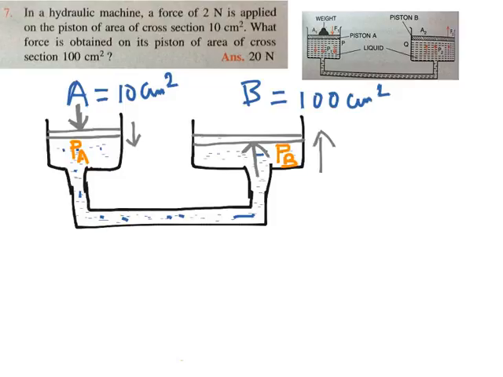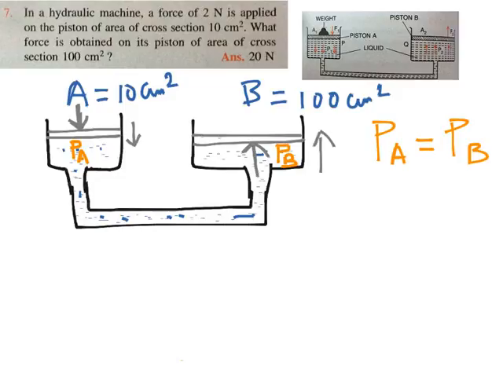According to Pascal's law, PA is equal to PB. It is transmitted equally, and undiminished, so there is no loss of pressure.